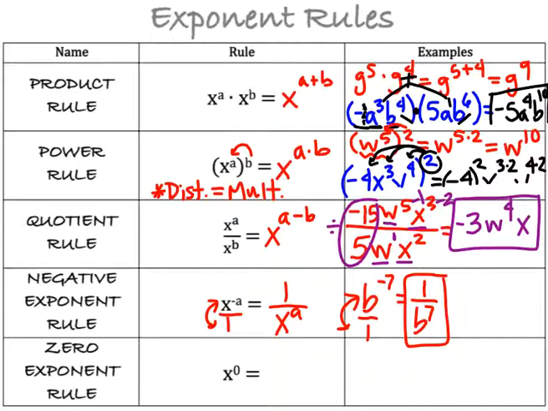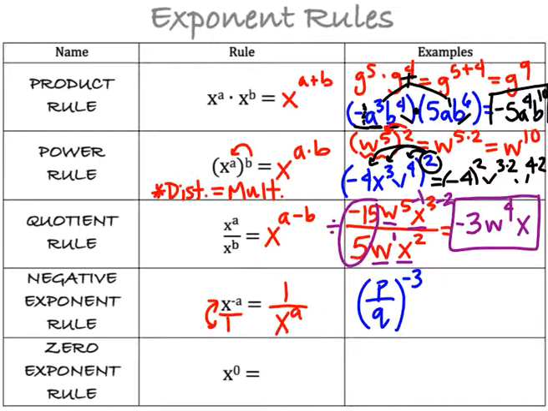All right. Once again, flip over your paper if you don't have enough space. A couple more I want to try with this one because this gets tricky. With our negative exponents, I want to show you this. If you have p all over q in parentheses, and that is raised to the -3rd power.